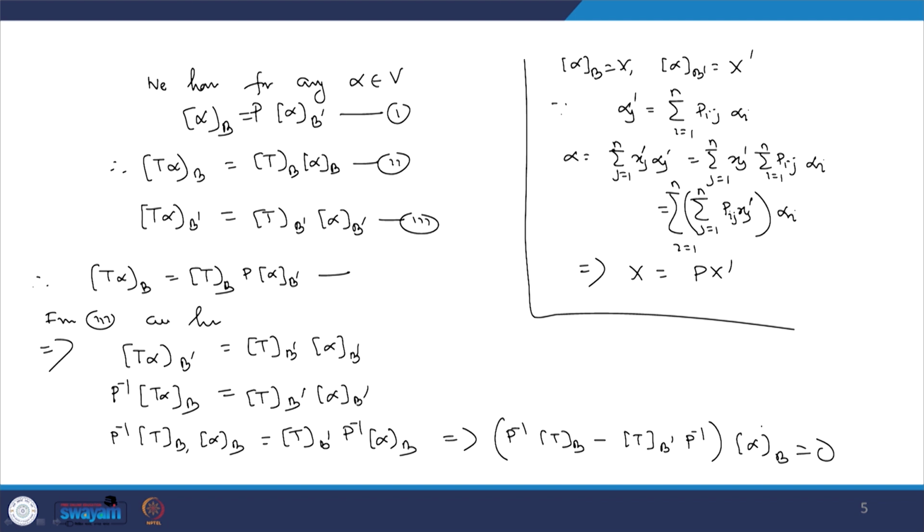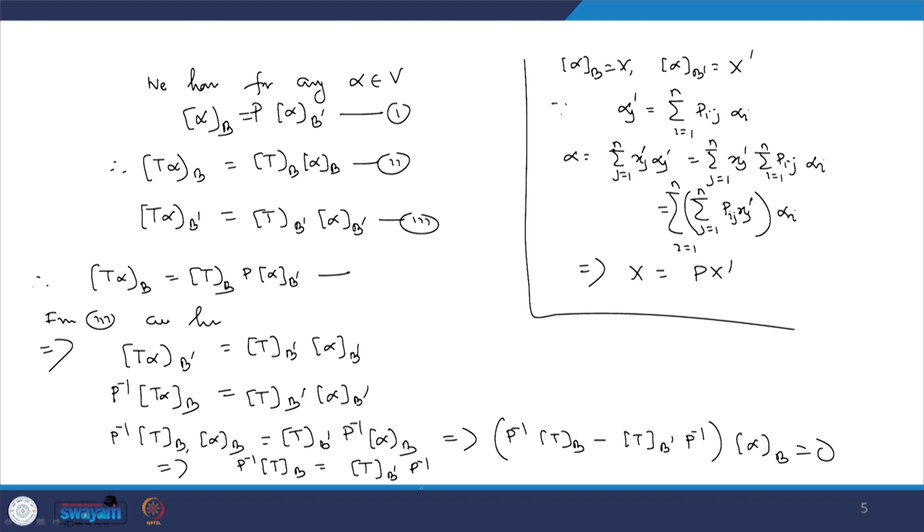This is true for all alpha. So, this implies P inverse times T_B equals the matrix of T with respect to B prime into P inverse.